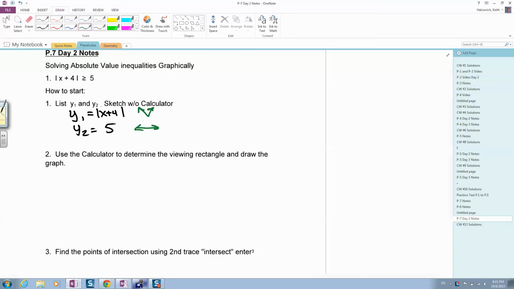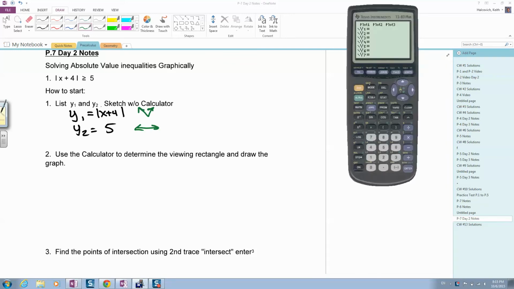Then you're going to get out your calculator and you're going to type in absolute value. Actually, let's clear that and move it up there. Absolute value x plus 4.